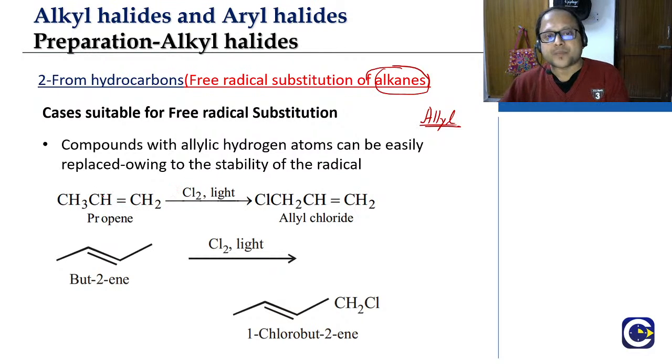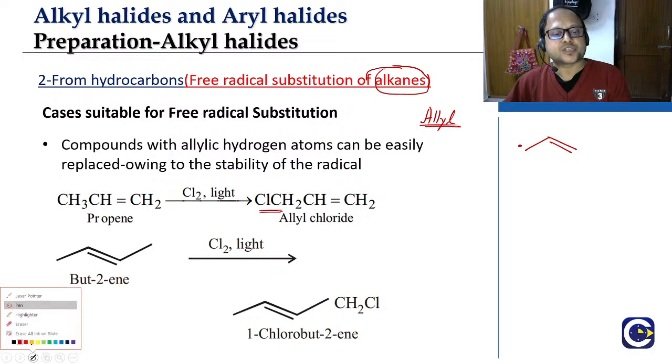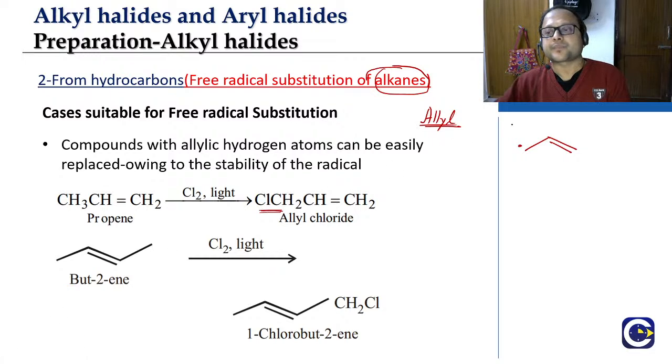So basically what happens, we just talked about resonance stabilization. The similar thing happens here also. You can see, if you use propene and similar conditions of ultraviolet light or heat, exclusively you are getting allyl chloride. That means the allylic position is exclusively employed. Why? Because in the mechanism, you will see that once this hydrogen is extracted, you have got the free radical over here, which can show you again a resonating form.